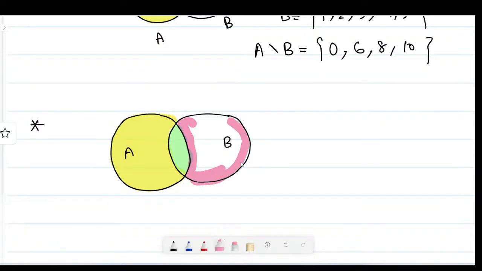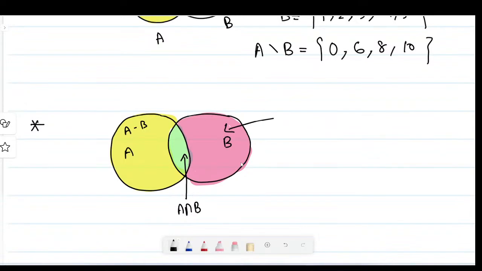So there are total three parts in this diagram. The first part is A minus B. The second part is the common portion, that will be A intersection B, and the third part is the portion of B that is left after extracting A, that will be B minus A. There are three parts.